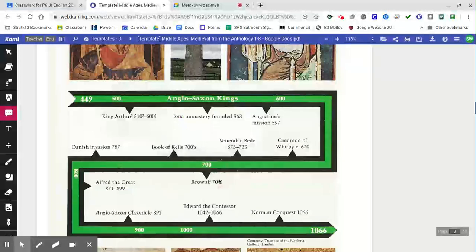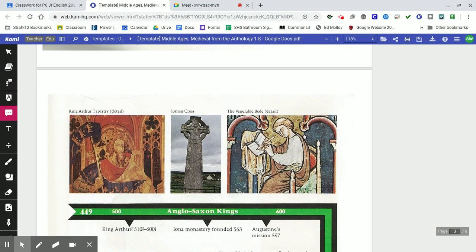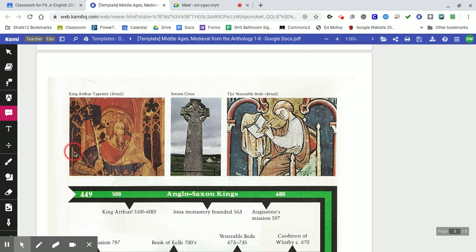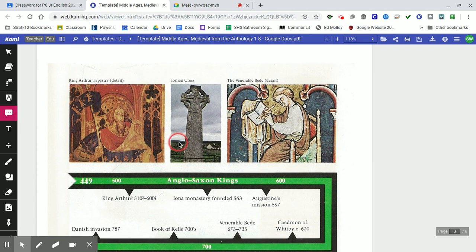and they made it zigzag because it didn't fit on the paper as one straight timeline, right? Way back in 449, we have a picture of King Arthur, and we know the stories of King Arthur and the Knights of the Round Table and some Celtic crosses, because Christianity had come over to the country.